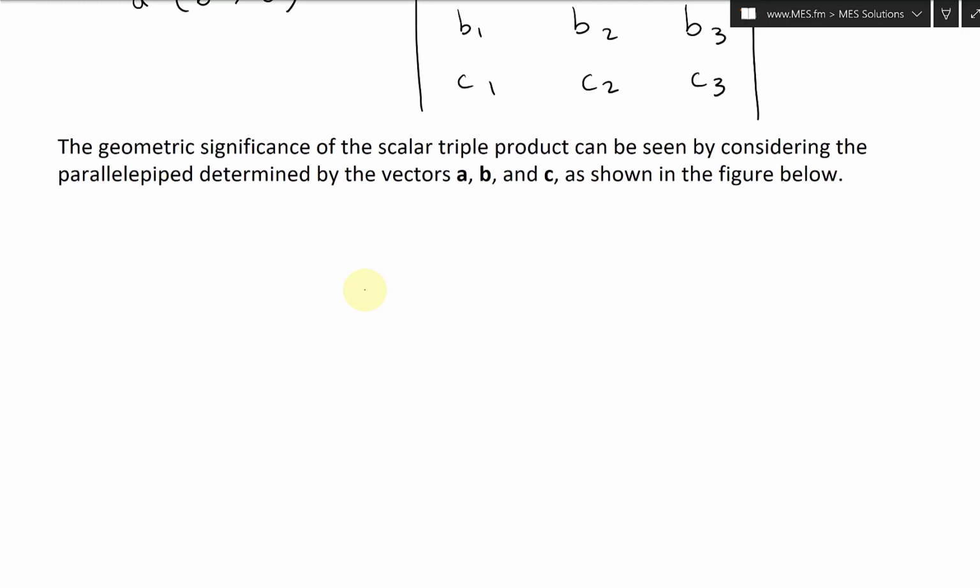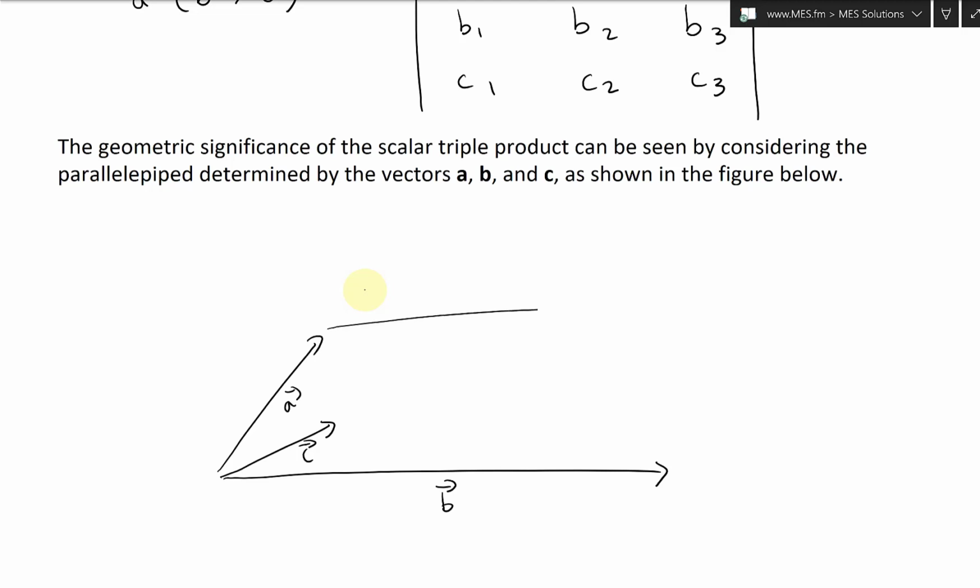So let's say you have the vector that goes like this, which is A. Then you have the vector B like this. And then you have the vector C like that. So that's the vector C. And then you have a parallelogram across like this.